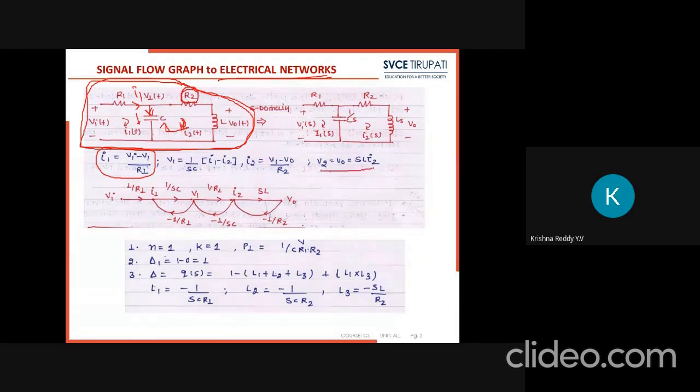And V0 equal to SL into I2. These are the mathematical electrical nodal analysis and mesh analysis equations.